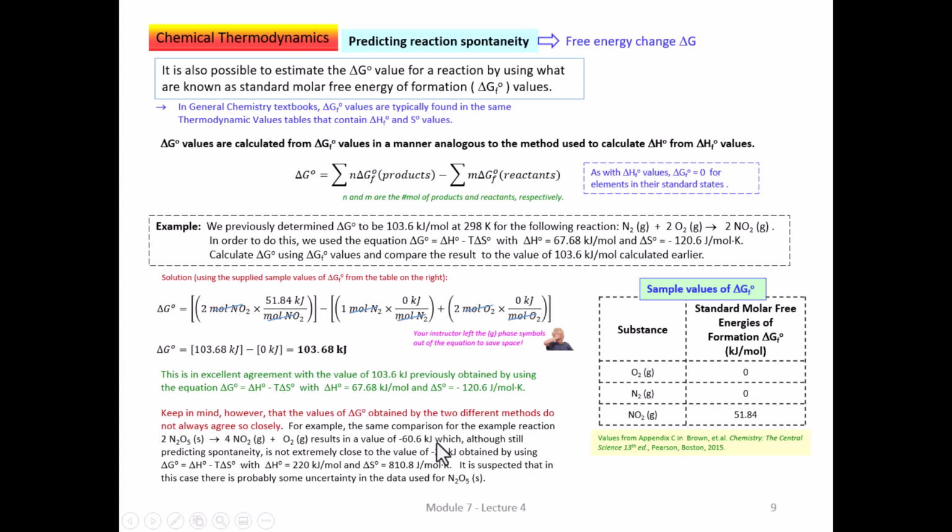If you actually did a comparison using the reaction of N2O5 going to NO2 and oxygen, the value we would get using this equation here is minus 60.6, which still does predict that the reaction's spontaneous, which is good because it's negative, but it's not very close to the value of minus 22 obtained by using the equation deltaG equals deltaH minus T delta S. So in this case, it's suspected that there's probably some uncertainty in the data used for N2O5 solid.